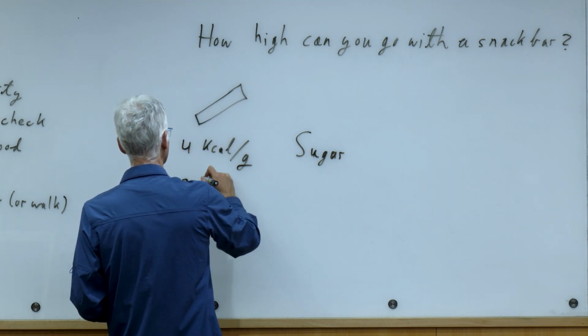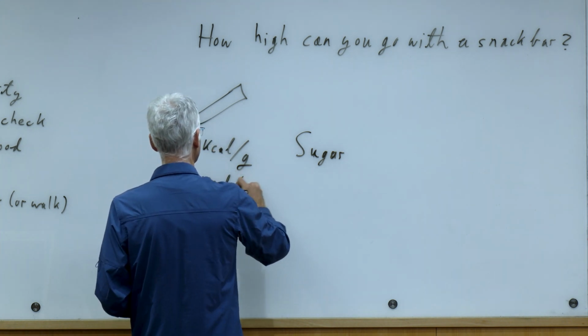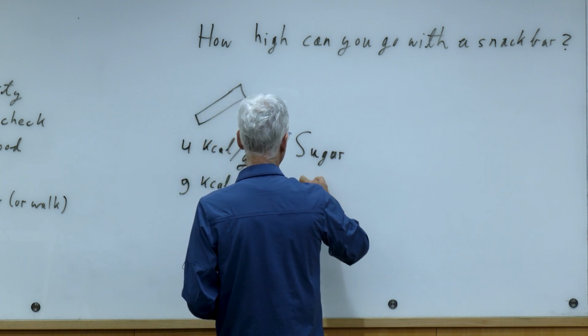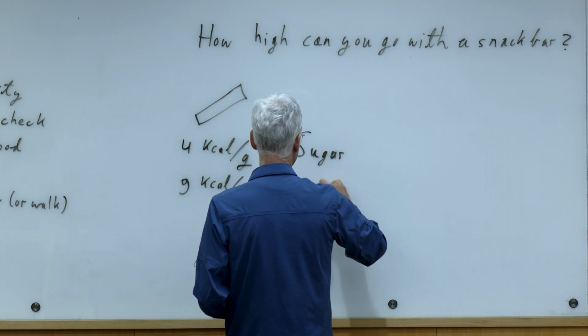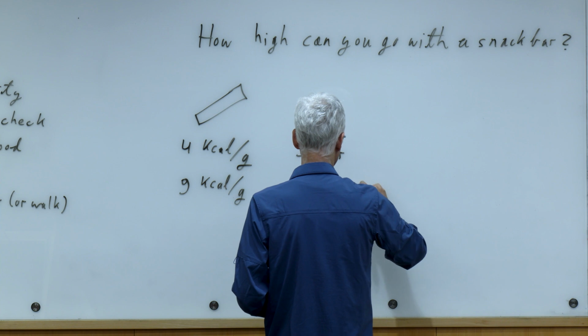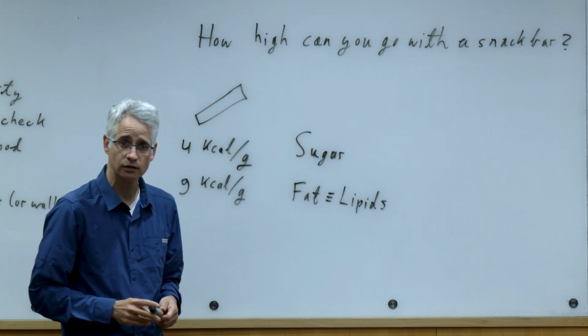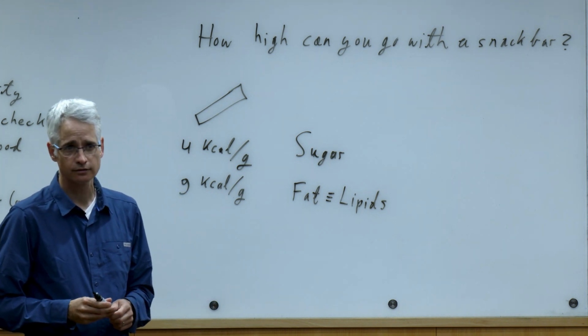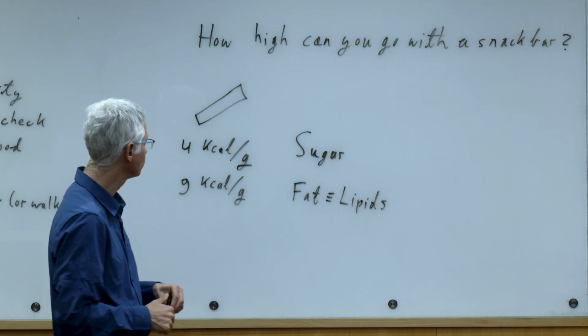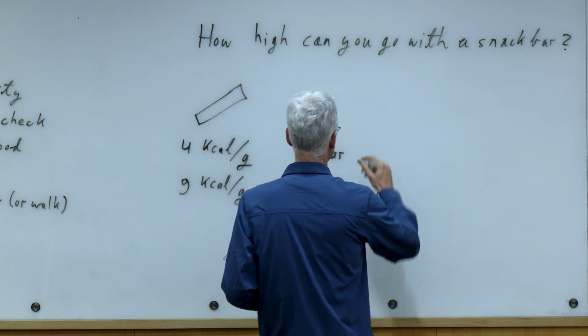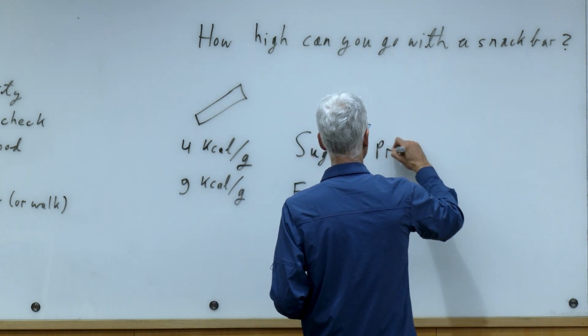And 9 kilocalories per gram, that's for fat or lipids. And that's roughly what we're eating, right? What else are we eating? Proteins. Yeah, so proteins is also roughly the same number as here.